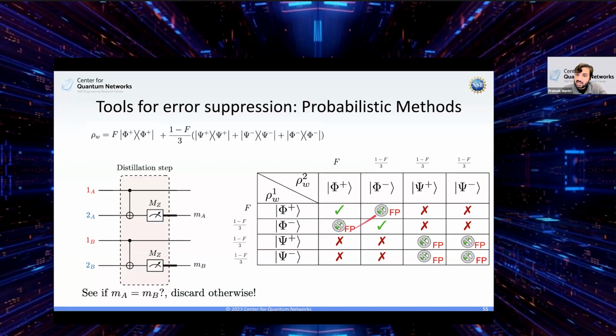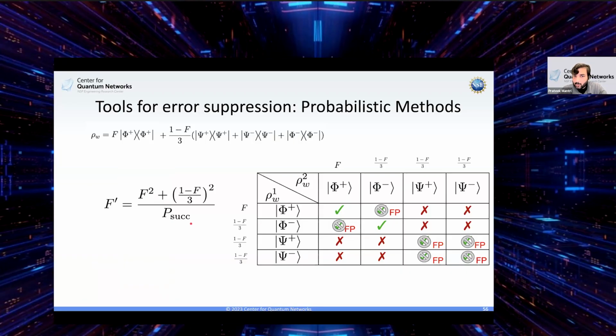The rest of the states are false positives. If we had a phi minus state and a phi plus state, that's a false positive. If we had it the opposite way, that's also a false positive. And if we had the psi plus or psi minus state while we kept it, all of these are false positive outcomes.